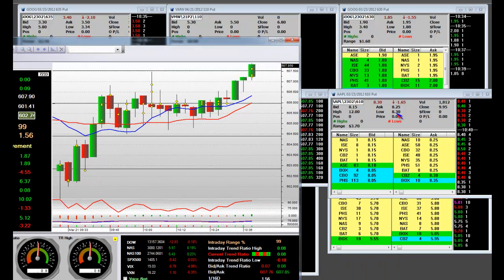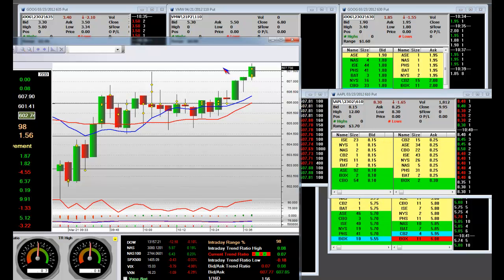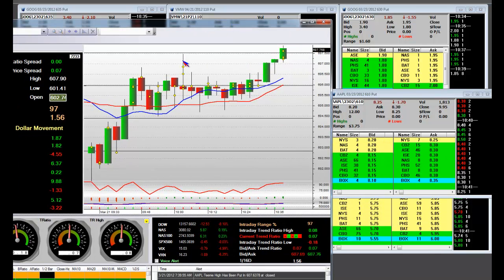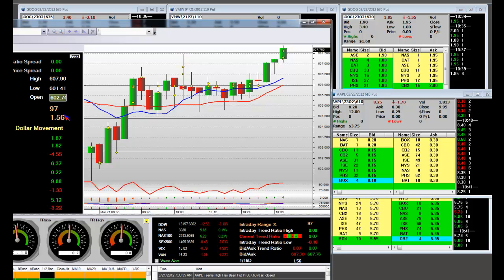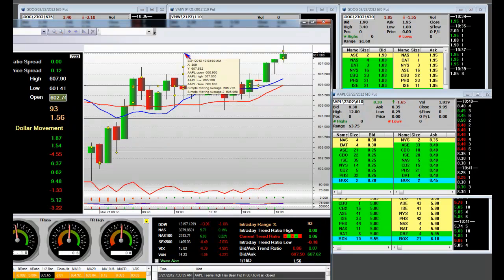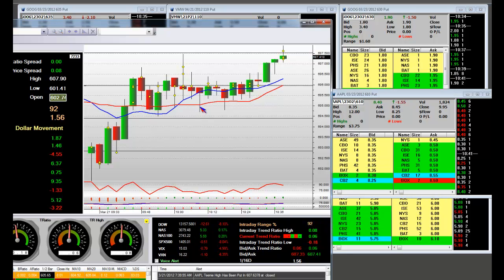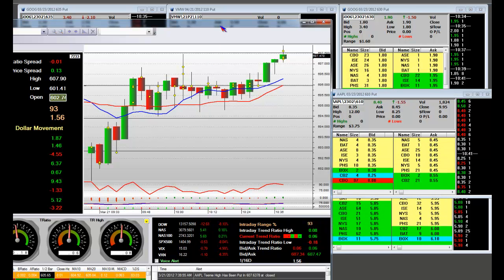Now, take a look. We got bids out here below the marketplace because at some point we'll have another $2 reversal like we did over here. We had what was actually $1.50. So you went from the high up here on our reversal, 607.50, all the way down to here, close to the low of this bar.